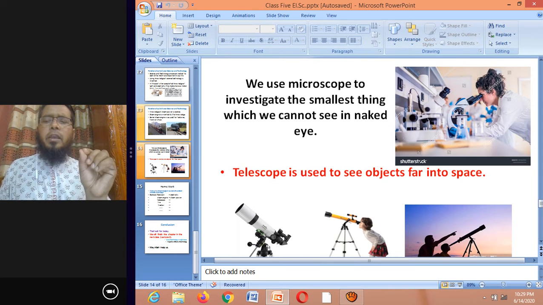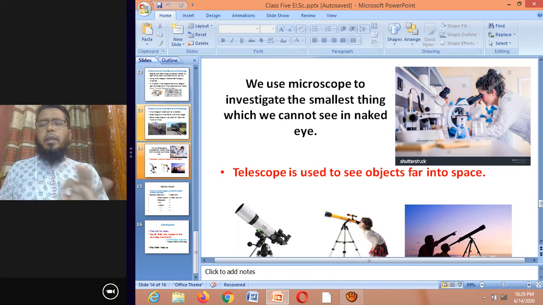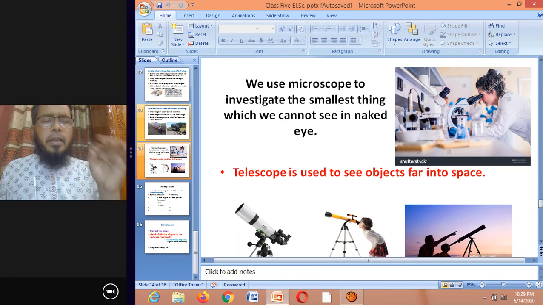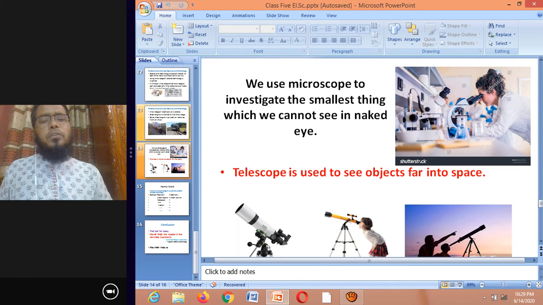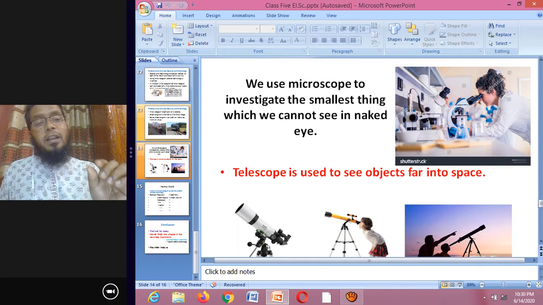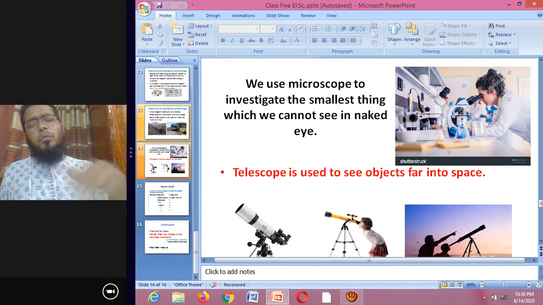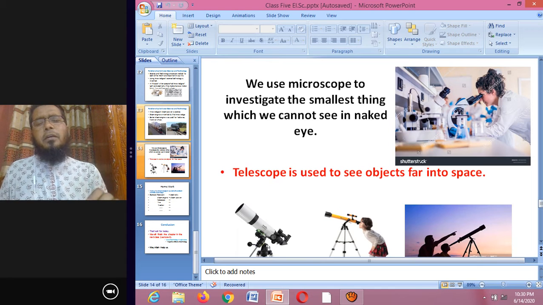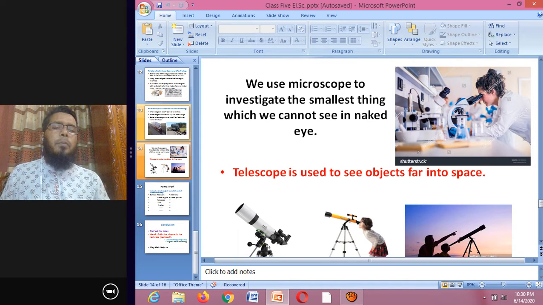With the use of a microscope we can not only see, we can investigate very clearly each and every particle, the smallest thing which we cannot see normally with our eyes. So use of a microscope is also a technology.